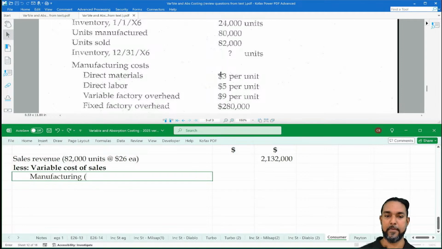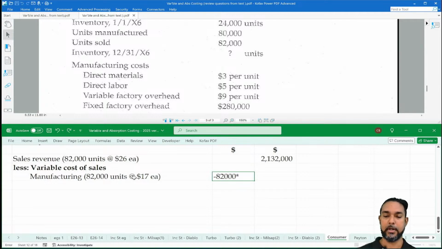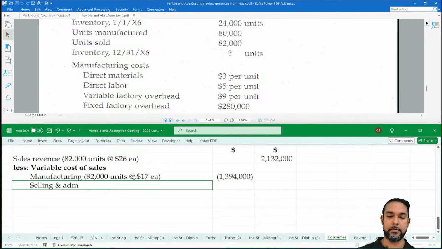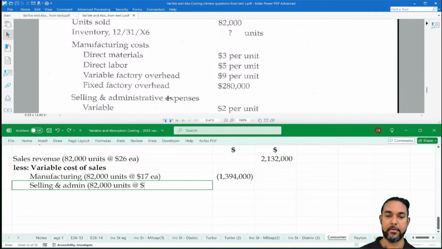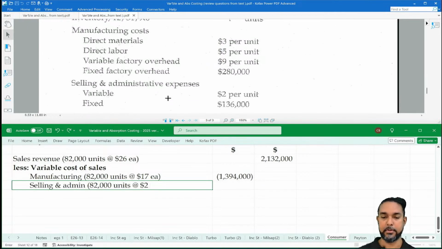Right, so the variable manufacturing cost was 17, my bad. So we sold 82,000 units at $17 each. All right, so 82,000 at 17, and then the selling and admin. Right, so again, 82,000 units at $2, right? So $2 each. Okay, cool.